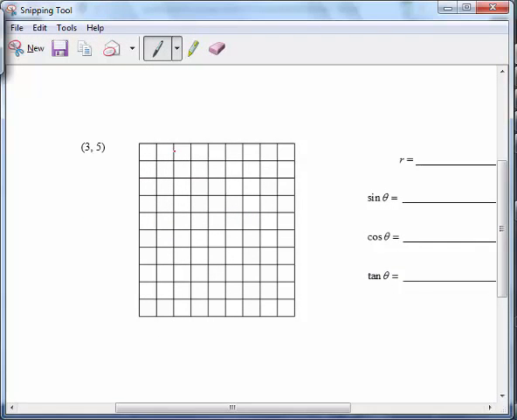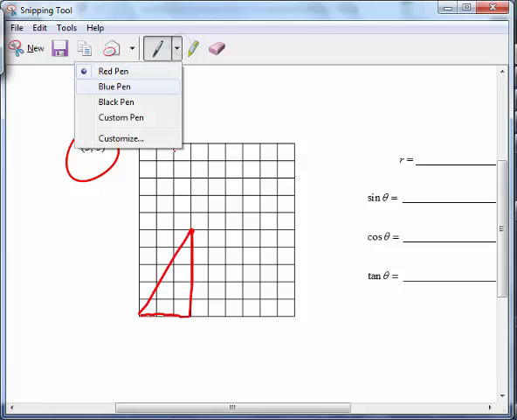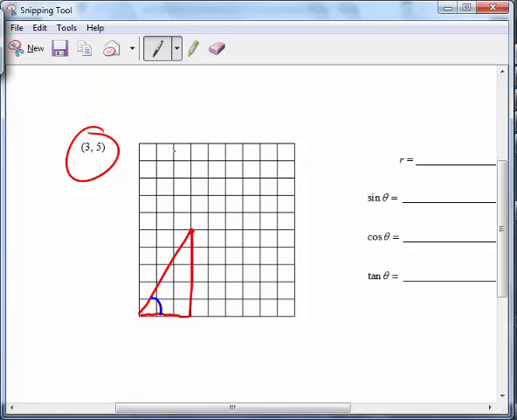So the first thing you want to do is go over 3, up 5, because that's this point right here. If you notice, that's part of a triangle here, and we know this angle down here. If this is 3 and this is 5, this is the square root of 3 squared, which is 9, and 5 squared, which is 25.